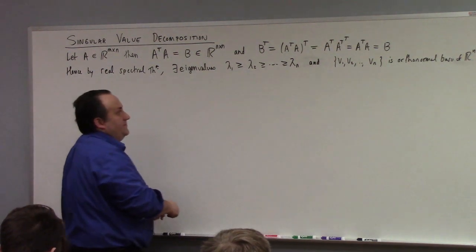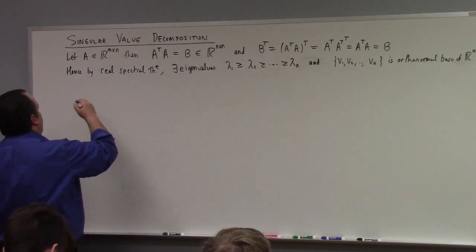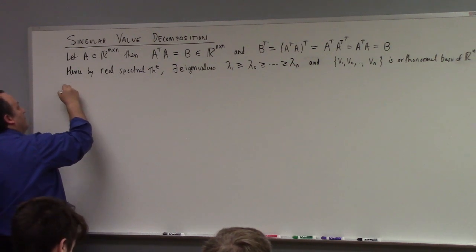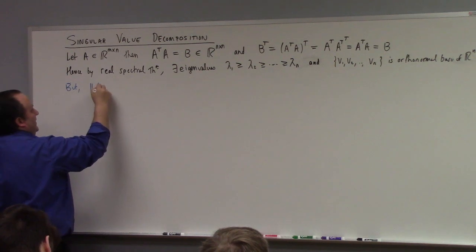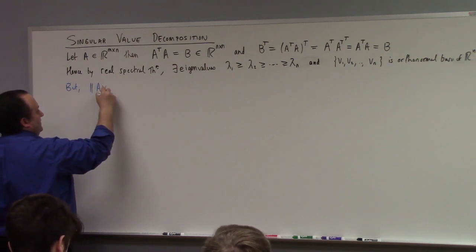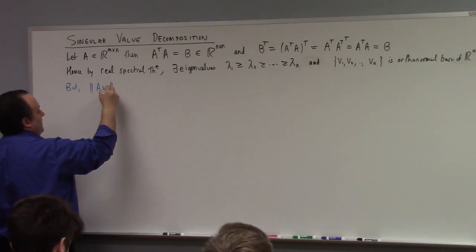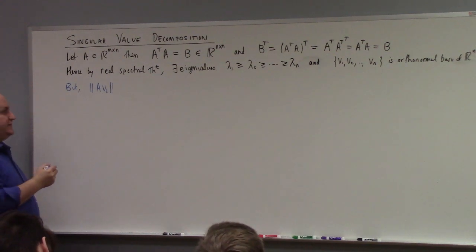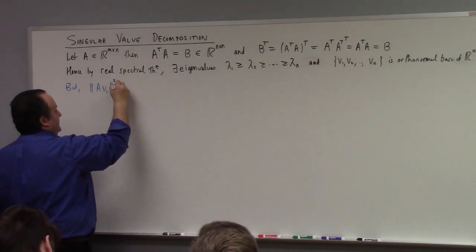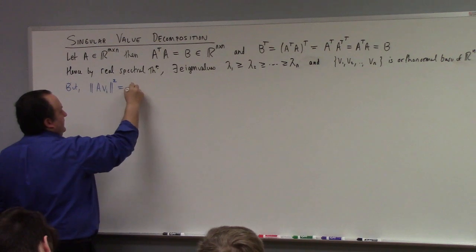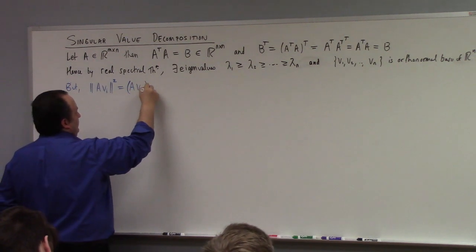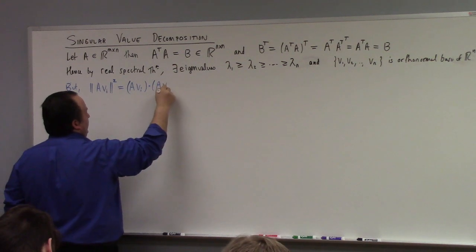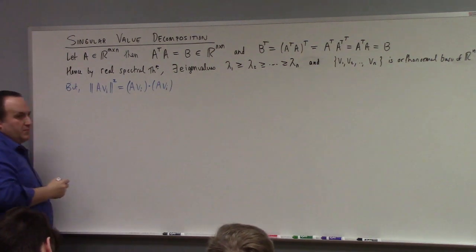So let's calculate. If we look at the length of A times vi, what's that going to be equal to? Let's square it. Squaring length is nice. So the squared length is A vi dot A vi.